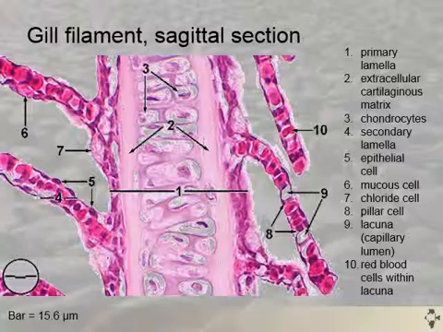The mucus cells, of course, are producing mucus to keep the surface of the gill lubricated as well as free of bacteria. So of course these very delicate structures, because of their delicacy, are vulnerable to bacterial attack or attack from other types of protozoan parasites, etc. And so part of the function of mucus is to slough off any of that bacteria or protozoa that might otherwise be trying to attack the gill.